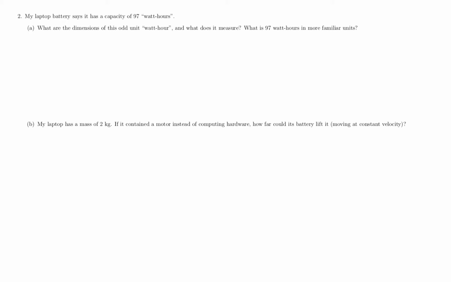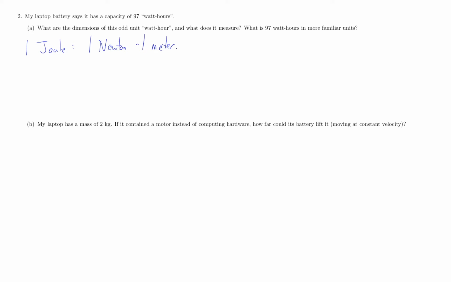So we talked in the previous problem about how the SI unit of measuring energy is the joule. So I'm going to just write a few things here. So 1 joule is 1 Newton times 1 meter.